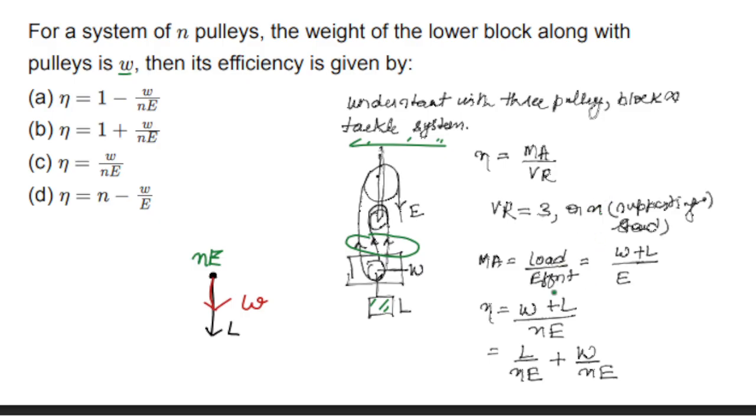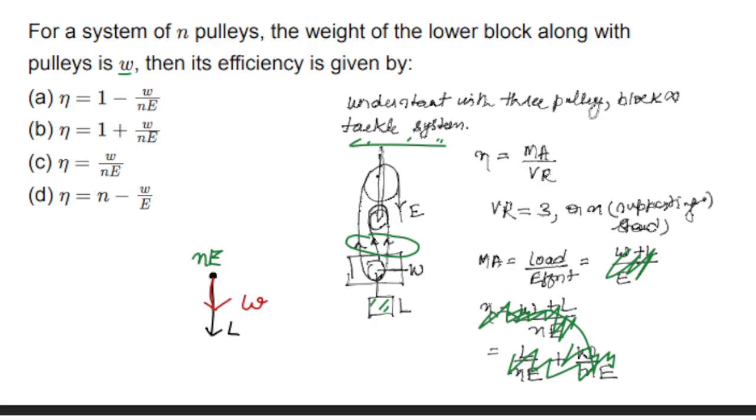Now think about it. Here, the load and effort is equal to... no, no, no, don't go like this. This will confuse you. Ignore this, I'm writing it fresh. So MA is equal to load by effort. Now we know we can put n here, 3 pulleys, we can put n here. Let's see what MA will stand for.